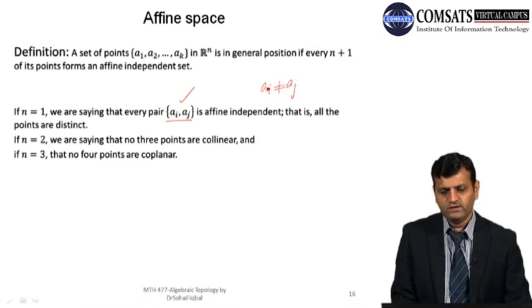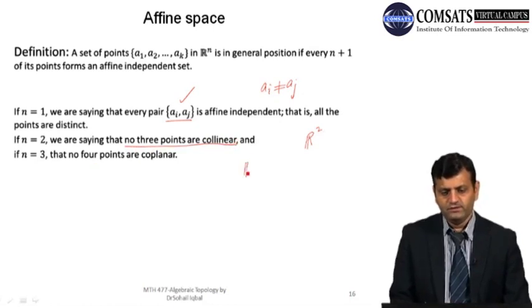So any two points are different if we want to say that these are in general position. Similarly, if n is equal to 2, in other words if we are in R2 and we want to say that some collection of points are in general position, what we are saying is that no 3 points are collinear in that set.